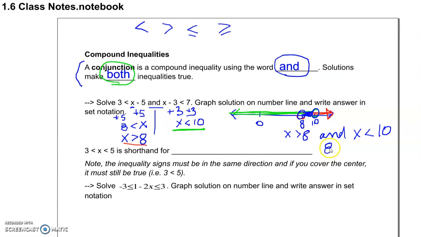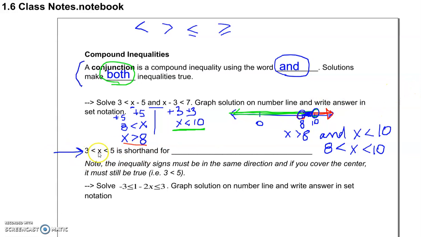So you're always going to go left to right. So if we go left to right, we have 8 and then a less than x, and then another less than 10. So the way this reads is 8 is less than x is less than 10, or you can also read that as x is between 8 and 10. And here I just notated that.